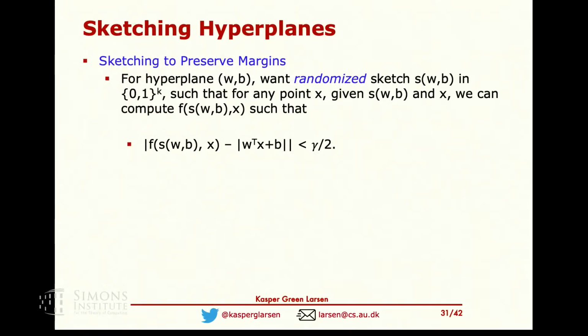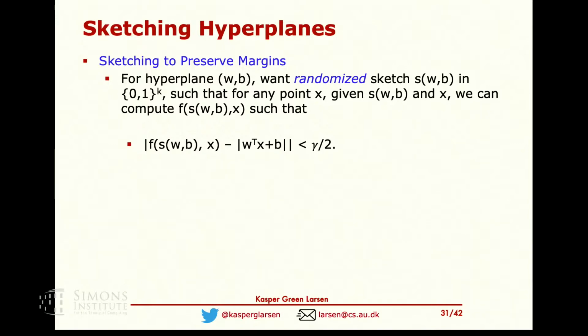So what is the sketch in this case? We're going to allow a randomized sketch. If I have a hyperplane, we would like to have some kind of sketching mechanism that takes this hyperplane and turns it into a bit string. So I guess the simplest way, you just produce a bit string of k bits. And then we would like it to be the case that if I have a point x, then I should be able to approximate this inner product of w and x plus the bias b.